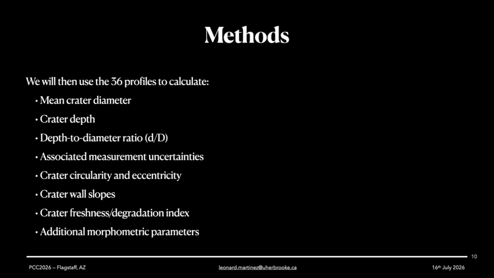But that's not all. With these 36 profiles, we were able to calculate a few morphometric parameters, such as the mean crater diameter, the crater depth, the depth-to-diameter ratio, all the associated measurement uncertainties, the circularity and eccentricity of craters, the wall slope, and we introduced a new freshness/degradation index for our craters.